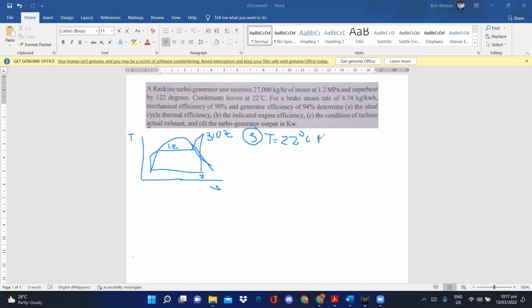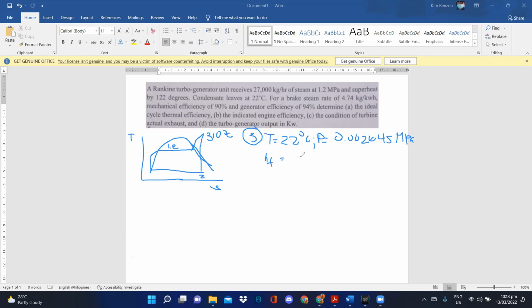So, therefore, your pressure is equal to 0.002645 megapascal. And then your HF, pick up lang kayo na pick up ng value.